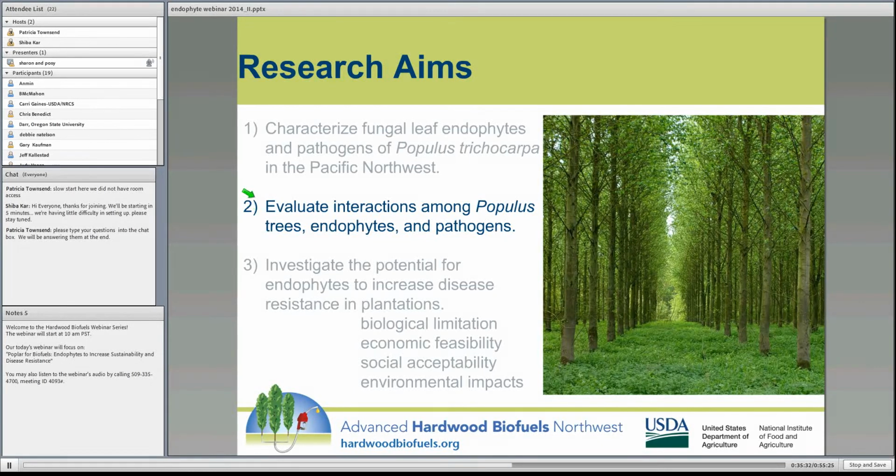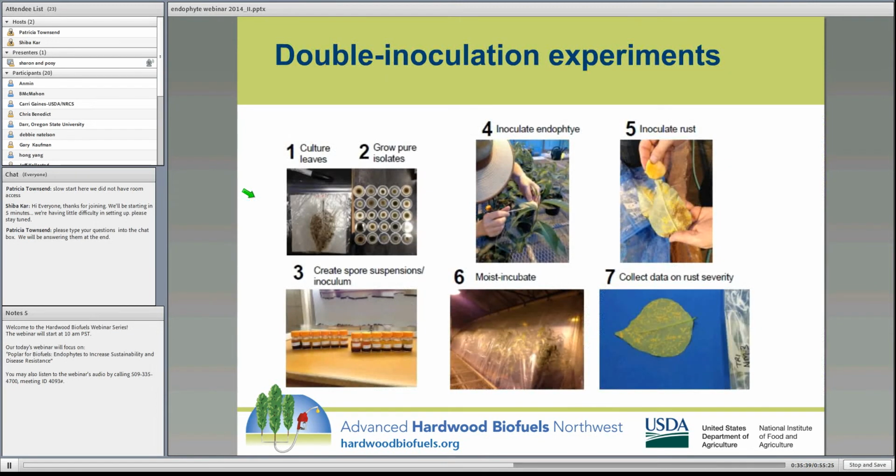So the second study aim is to evaluate these interactions among trees, endophytes, and pathogens across the study area. And to do this, we're conducting a series of double inoculation experiments. What this involves, again, is bringing isolates in from the wild, from all of these 12 different study sites, culturing the leaves, growing out pure isolates of different endophytes, and creating spore suspensions of those endophytes, and this is endophyte inoculum shown here.